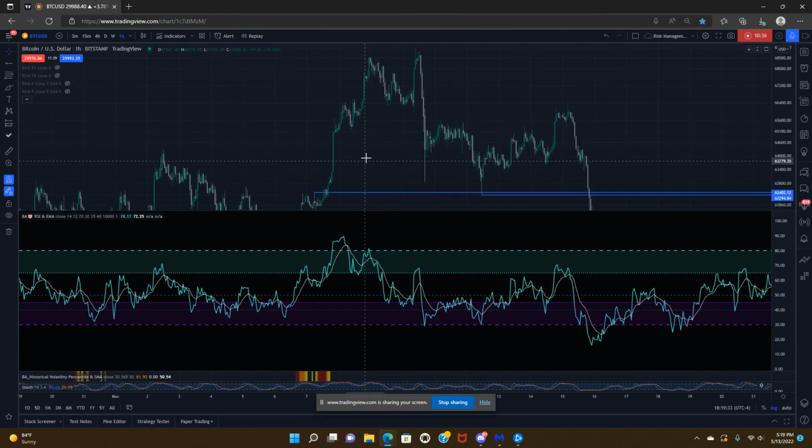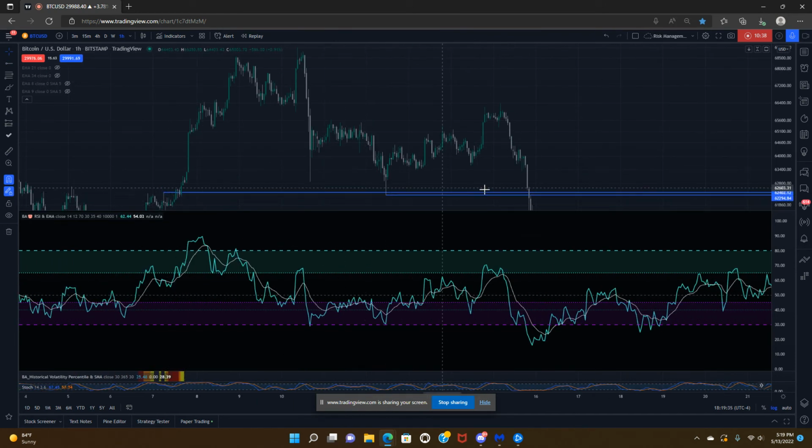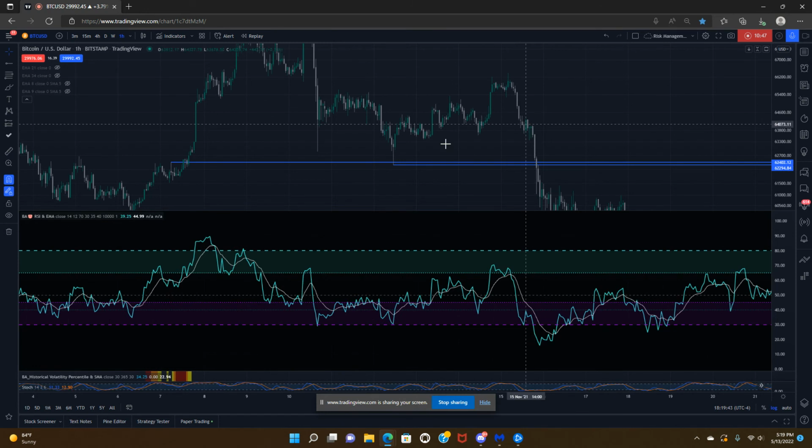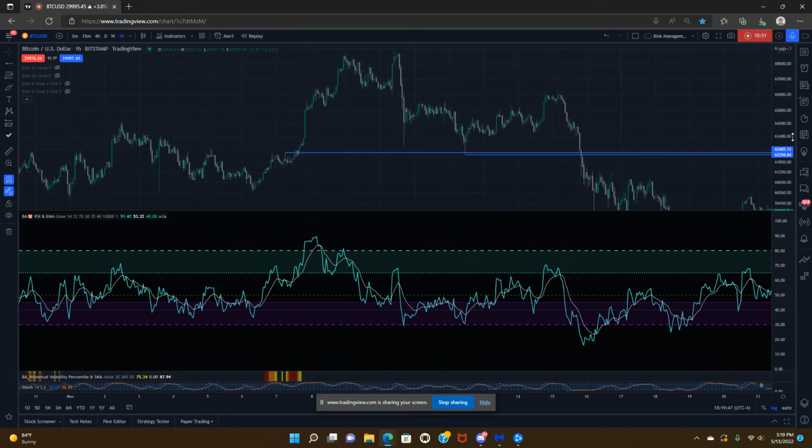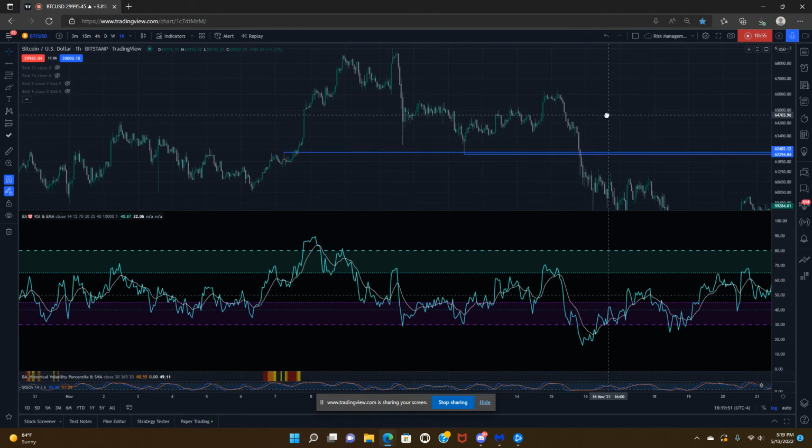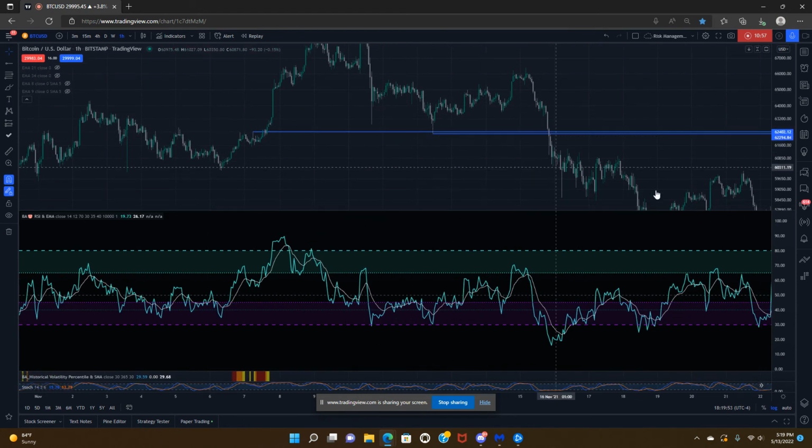It comes down to this level right here, which is your point of release, your point of origin, whatever you want to call it, your shelf. And then it puts in the divergence, runs up, fills an inside gap, and then comes down and takes out these lows. Then on the high time frames, what you've created is an apex formation. And that's actually when the market starts trending.